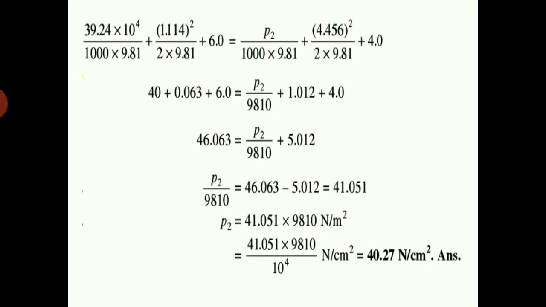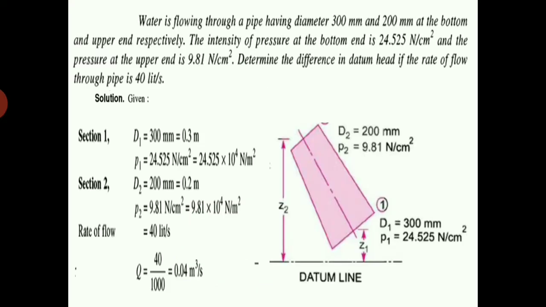Now substituting all these values, and finally, we can calculate the value of intensity of pressure, which we are getting as 40.27 Newton per centimeter square. So now we'll be moving to the second numerical.